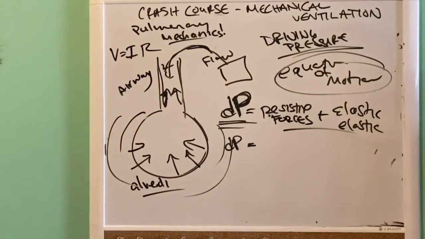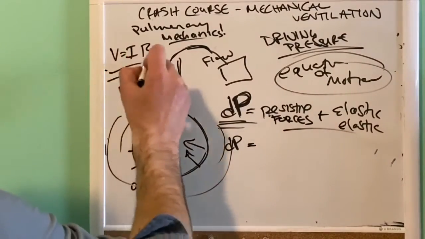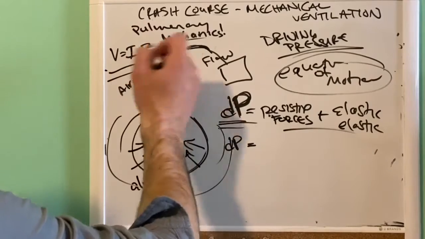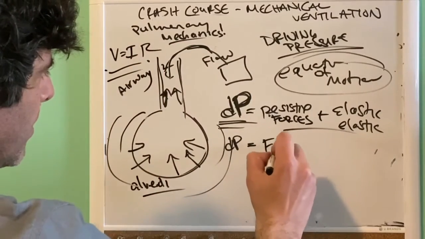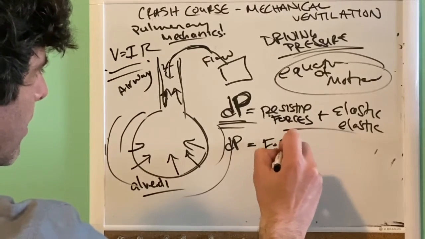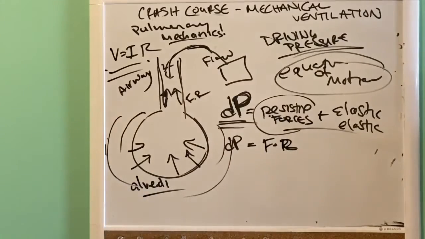This is sort of where it comes from. You have a tube, you have different voltages on either end, and you have a current and resistance. So trust me that this equals the flow times the resistance. Those are the resistive forces: flow times resistance.